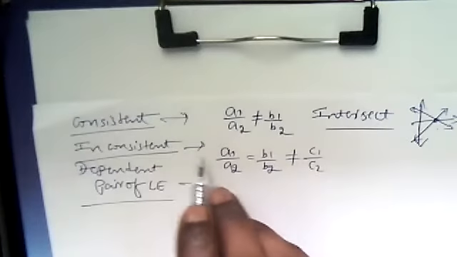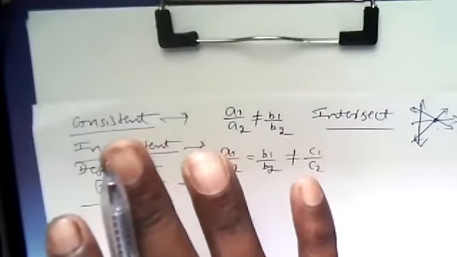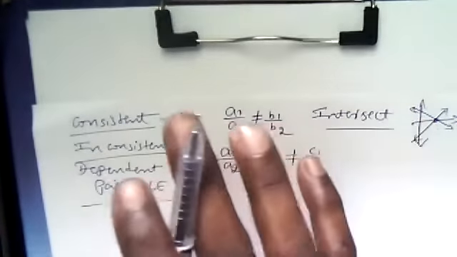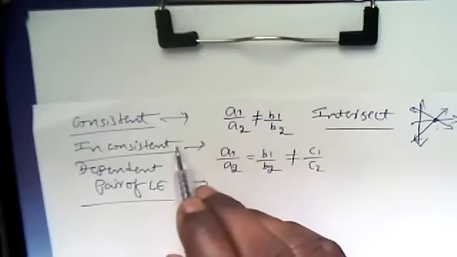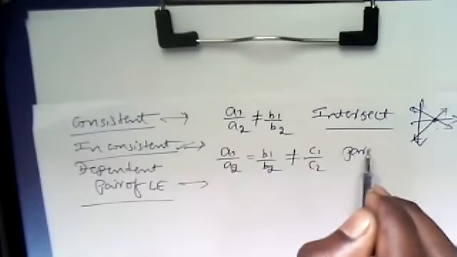Therefore, when lines are inconsistent, the two lines have no common solution. The equations of the lines have no solutions, therefore those equations are inconsistent. In this case, the lines are parallel.